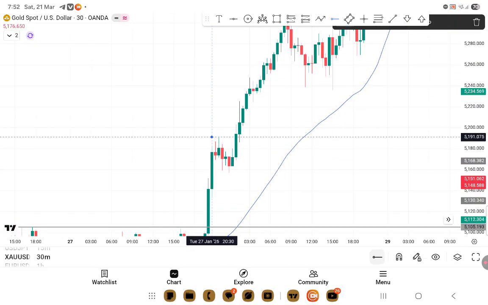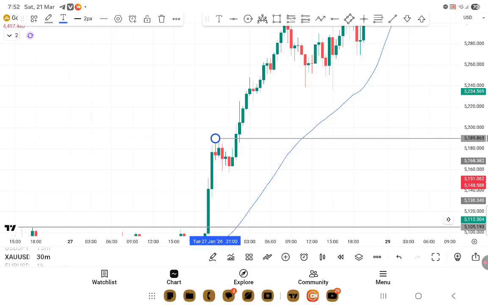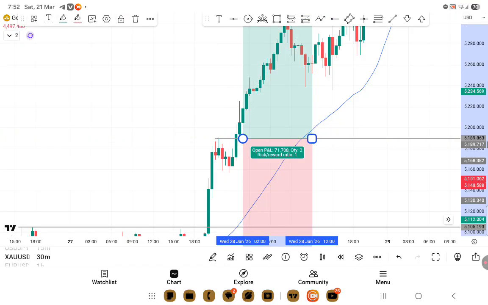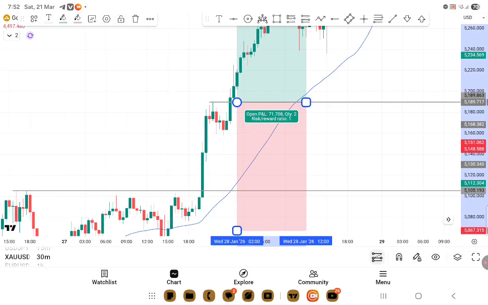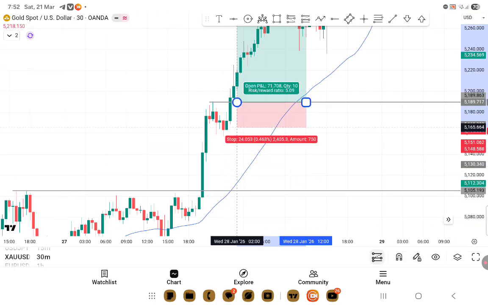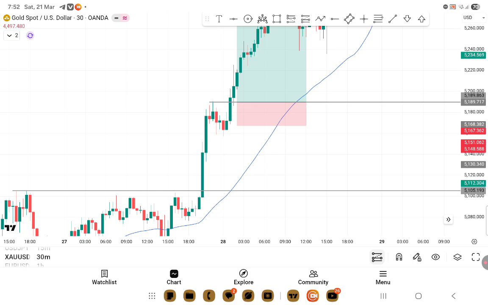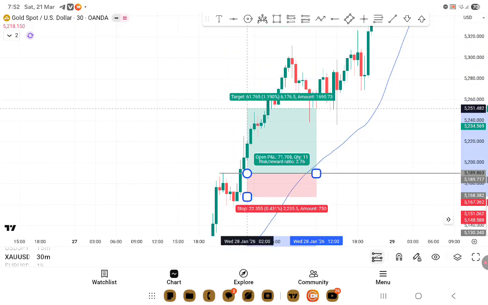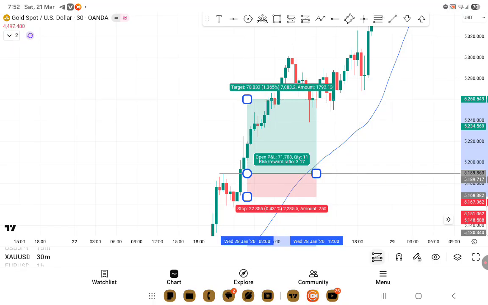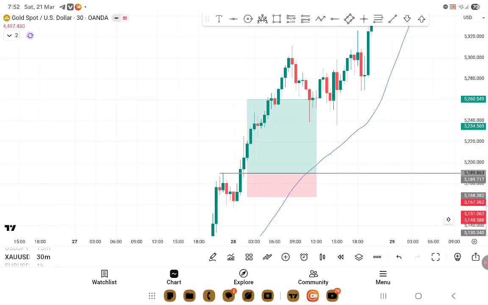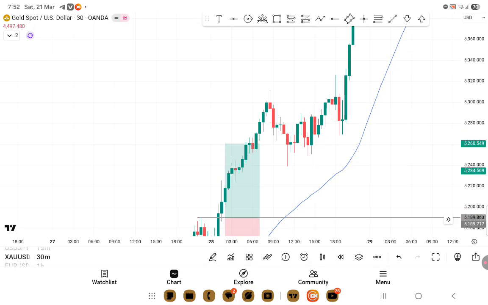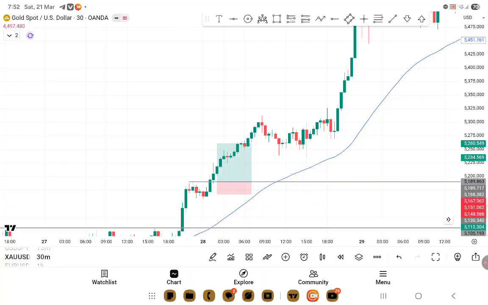If you notice this one here, you put your entry here, stop loss under it, or even half of it. 1:5, 1:3, sure gone. You see how sweet it is, right? Very, very sweet strategy that gives you back-to-back profits.